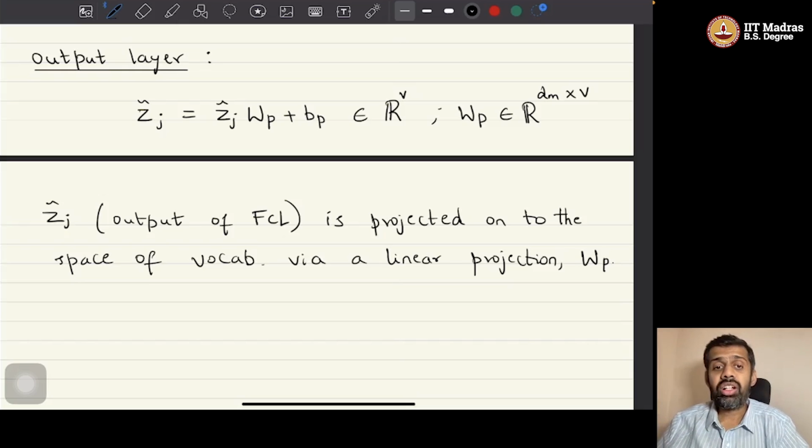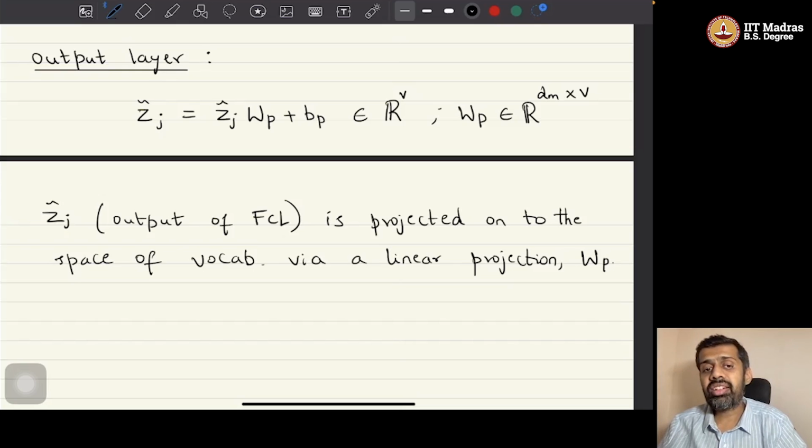Now what is being done is that you just have a linear projection onto a real space that would have the dimension equal to the length of the vocabulary. Why is this important? Remember, what we need finally is a distribution over vocabularies. Vocabulary is a discrete set of possible tokens.